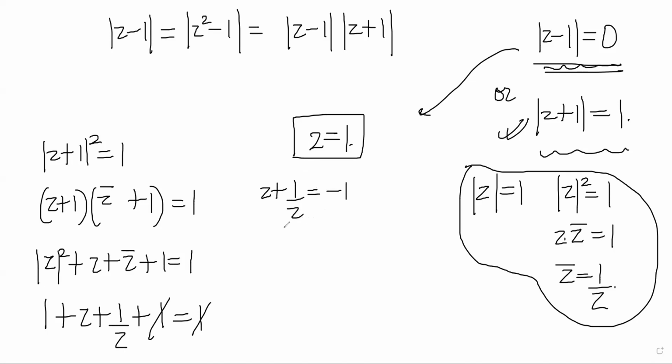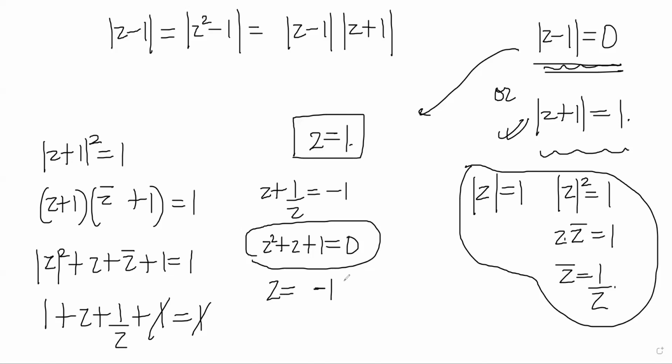Basically now we solve it using the quadratic formula. We get z square plus z plus 1 is equal to 0 after taking the common LCM and so on. You can solve it to get z is equal to minus 1 plus minus i root 3 by 2. And both of these complex numbers satisfy the condition that mod z is 1. So our final answer will have three answers.